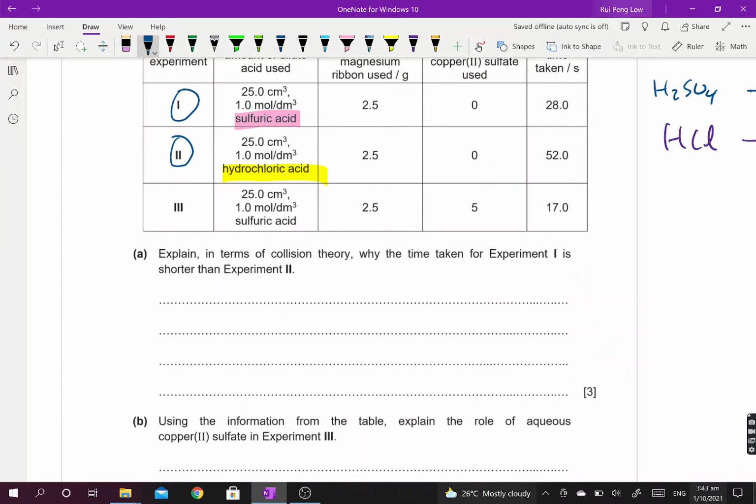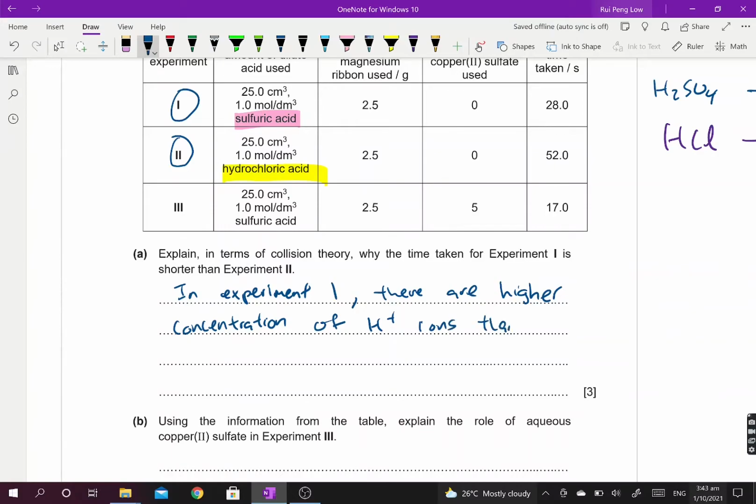We will say that in experiment 1, there are higher concentration of H plus ions than experiment 2.